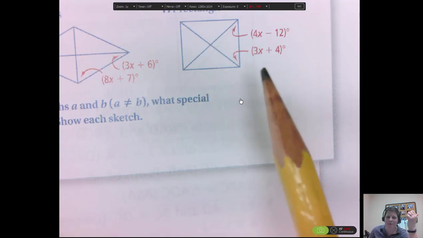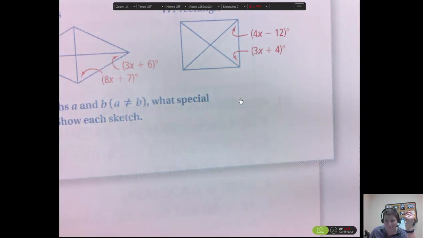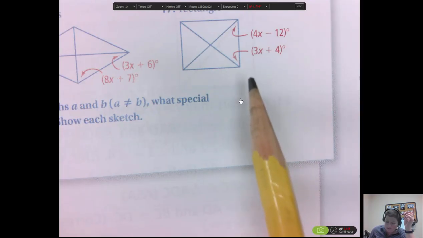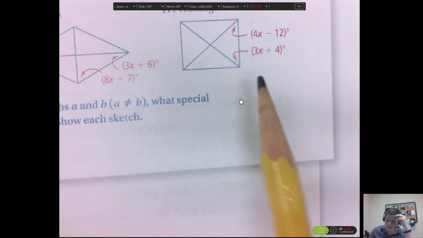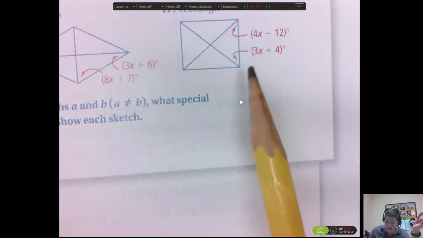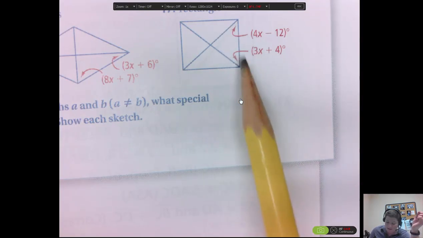I know they are equal to each other. I was trying to think of why. There was a theorem with parallelograms that said, well, then these are 90 degrees.